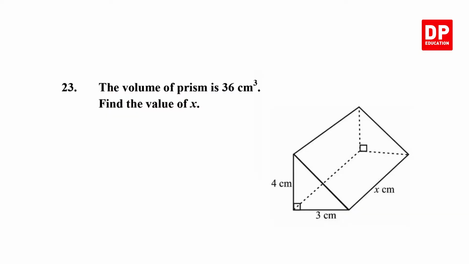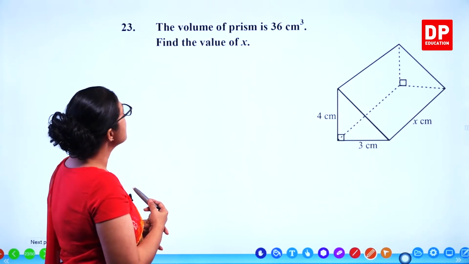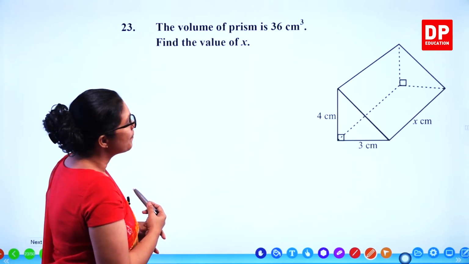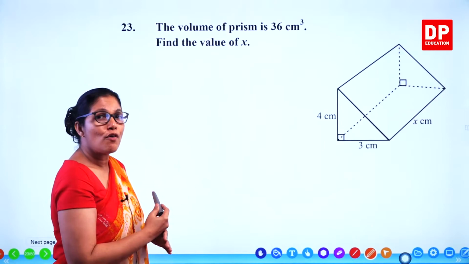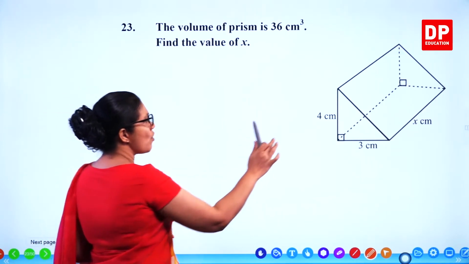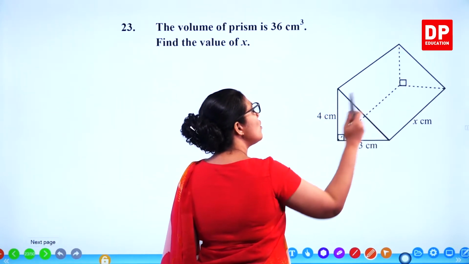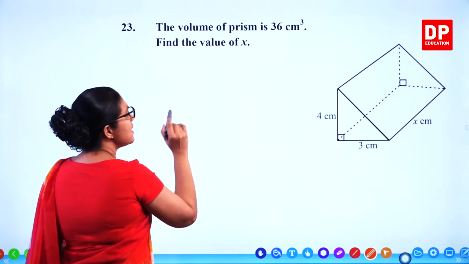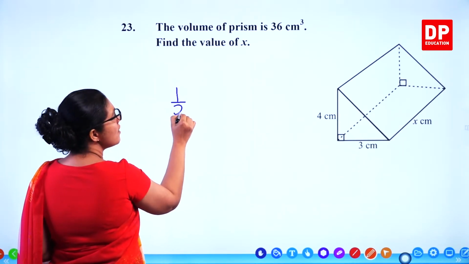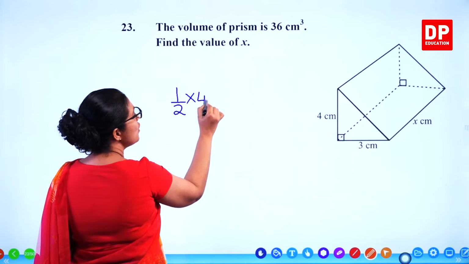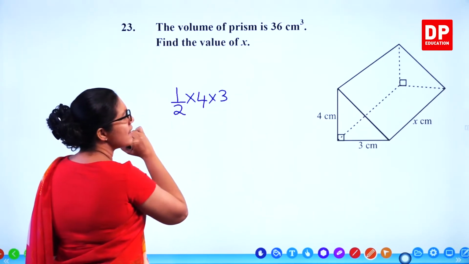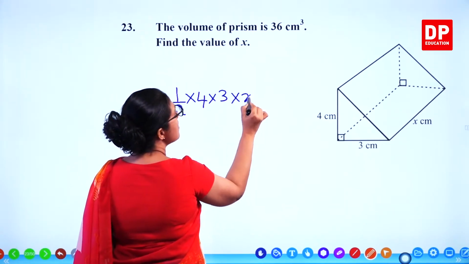Question number 23. The volume of the prism is 36 cubic centimeters. Find the value of x. How do you find out the volume of a prism? Find the cross-sectional area into length. So what is the area of the cross-section? Half into 4 into 3. That's a right angle triangle. Into x is the volume.